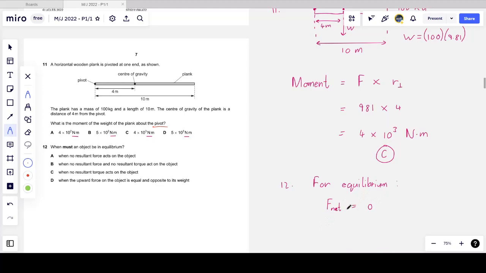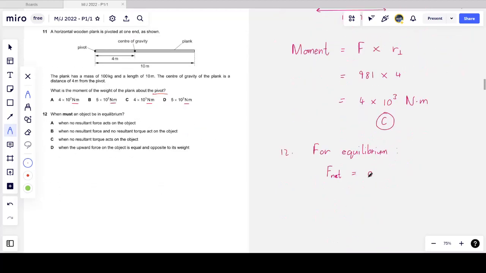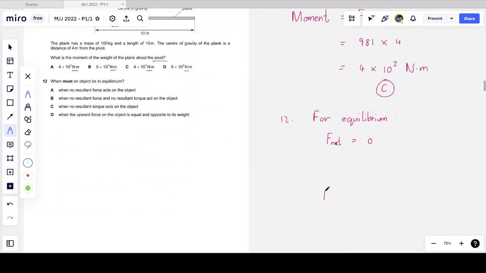But if the net force on an object is equal to 0, I'll do an example just to show you. If I have another plank, we'll use another plank as an example. If I apply a couple to this plank, a couple is a pair of forces with the same magnitude acting at the opposite ends. It's a nice uniform plank.